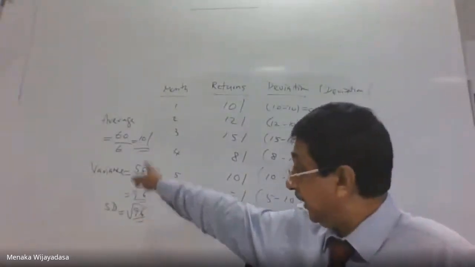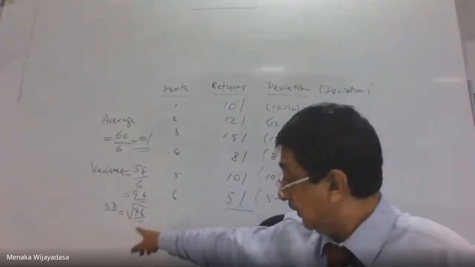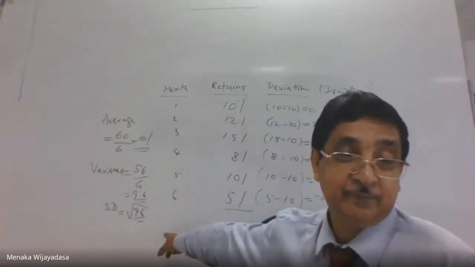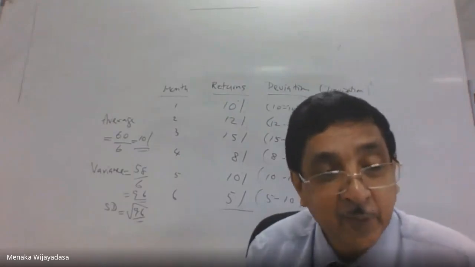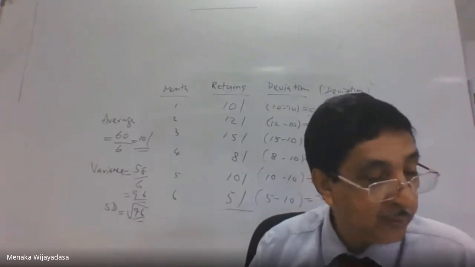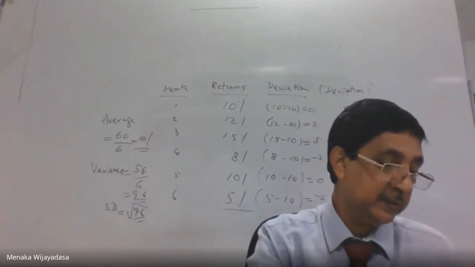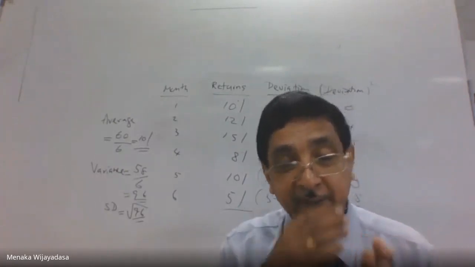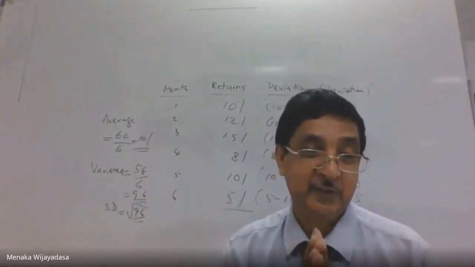In that example, average return is 10%. Standard deviation is square root of 9.6. So if you can calculate square root of 9.6, then I can give you the figure. Now that gives an understanding about the branch.